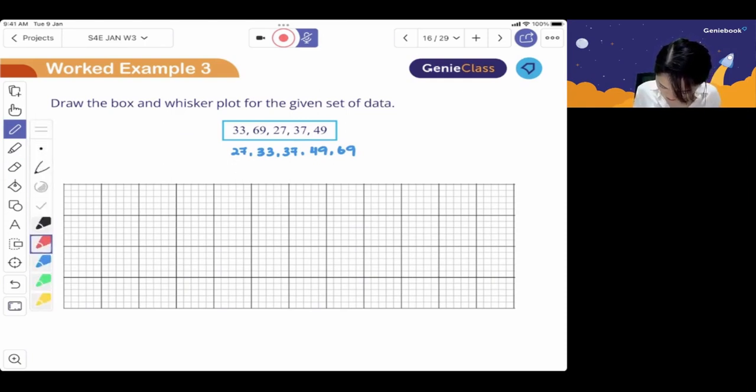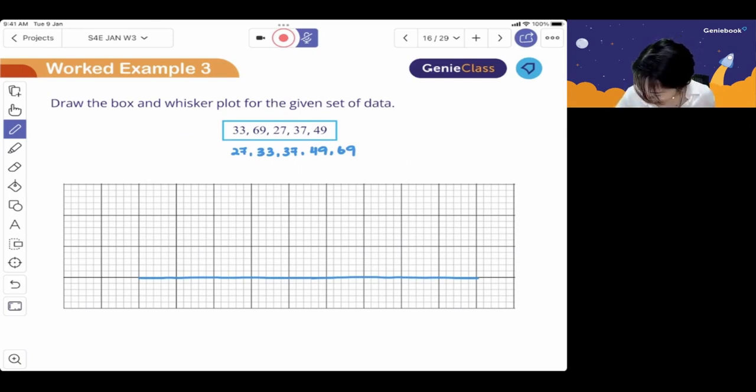Maybe I'll do it in blue. So start by drawing your number line. Let's say this is 70, 60, 50, 40, 30, 20.